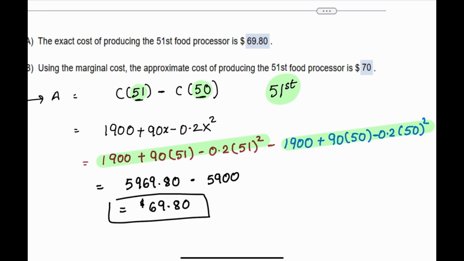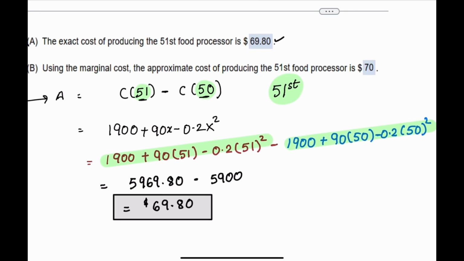And let's see if that matches. And yes, it does. So just again, pause for a second. They're not asking me the cost of 51 food processors. They're asking me the cost of the 51st food processor. So understanding that is very, very important. Now let's go ahead and take a look at the next one.